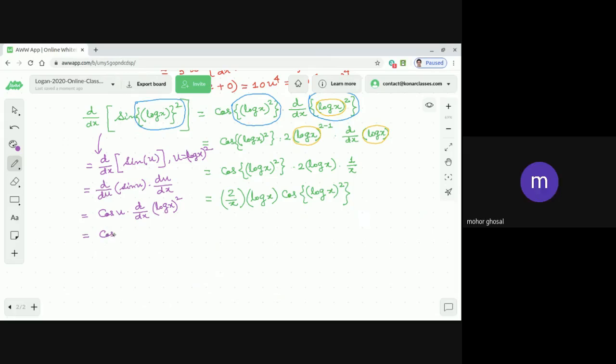So cos u means cos of log x whole square, correct or not? Into d dx of log x whole square. Here we can again assume d dx of v square, where v is equal to log x.